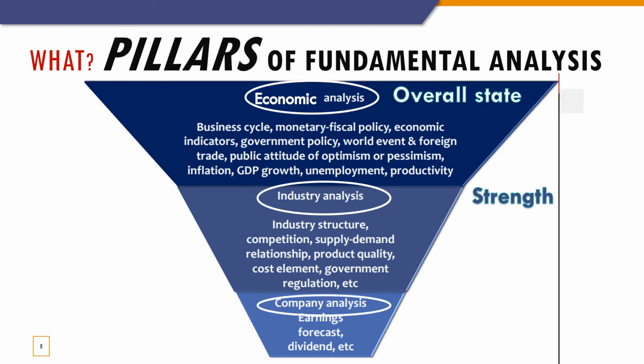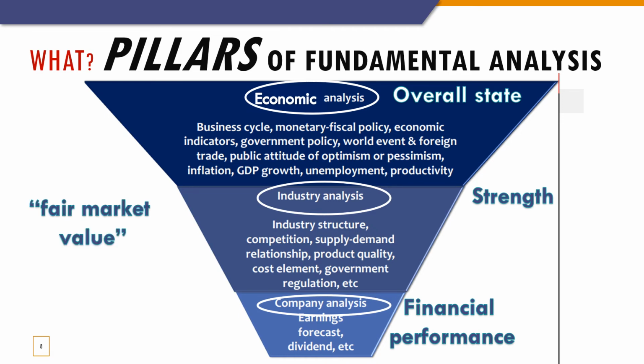Then the third one, the last one, would be the company analysis, so that it would show the financial performance of the company issuing the stock. Why are we doing all of this analysis? Because we would like to ensure that we're going to arrive at the fair market value for the stock. You have to remember that fundamental analysis is usually done from macro to micro perspective to identify securities that are not correctly priced by the market.